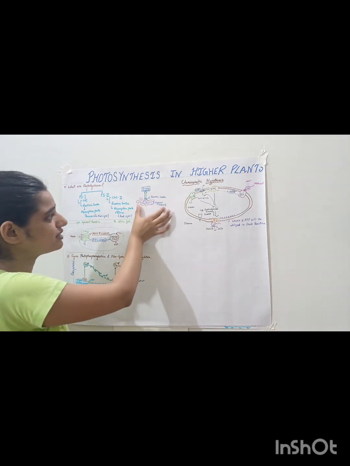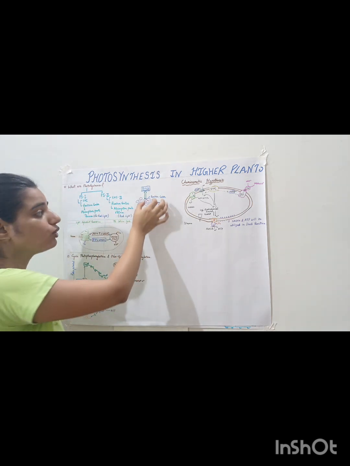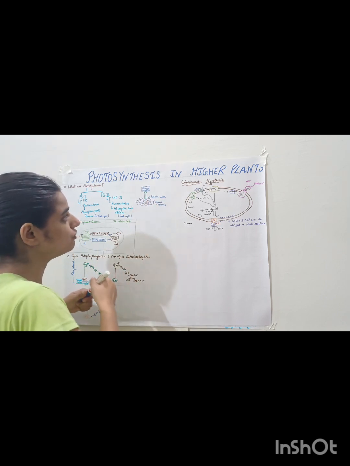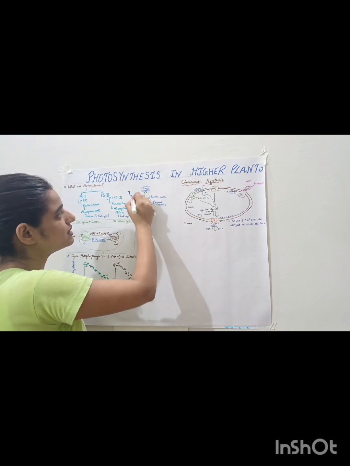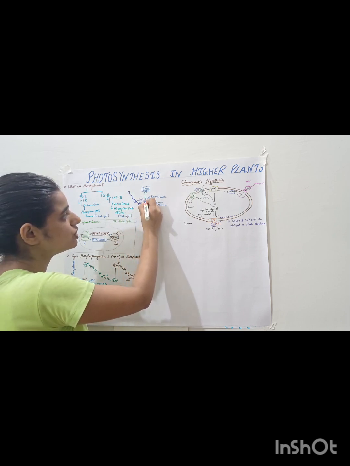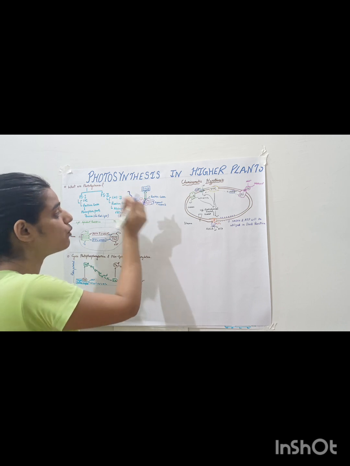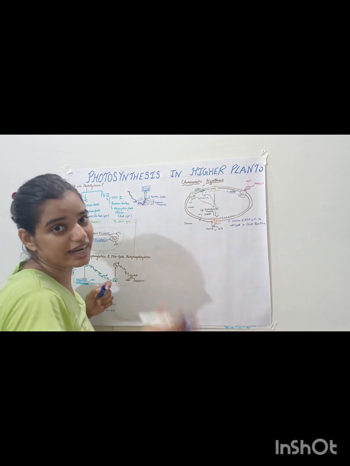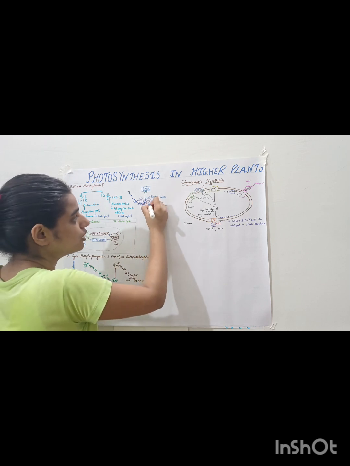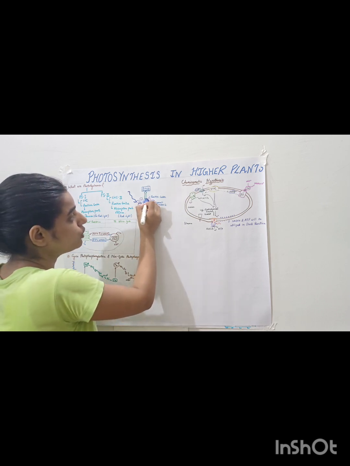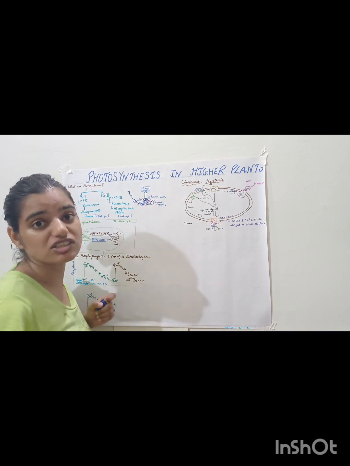The light harvesting complex is made of chlorophyll A and accessory pigment molecules, which are going to utilize the sunlight, and they will transfer the energy to the chlorophyll A molecule. Each accessory pigment molecule utilizes the light energy and transfers it to the special chlorophyll A molecule, known as the reaction center.